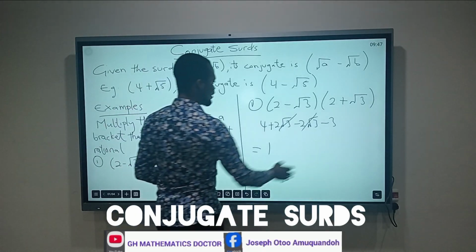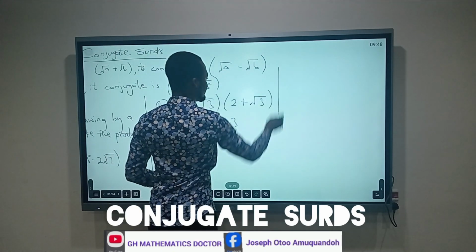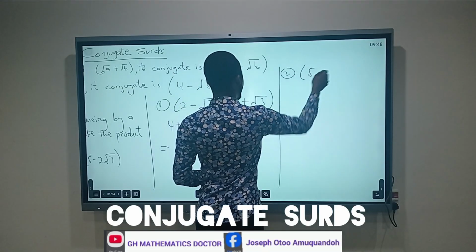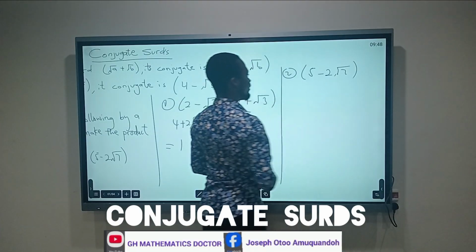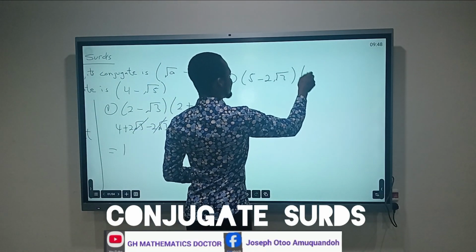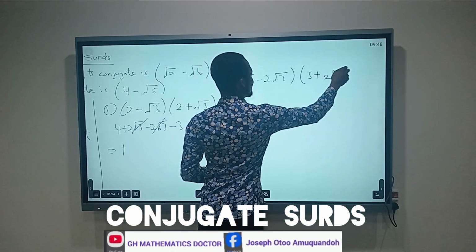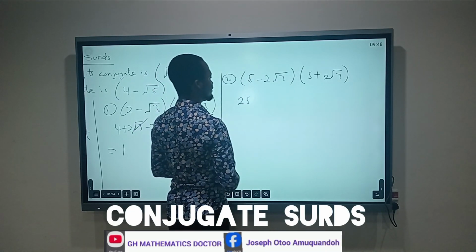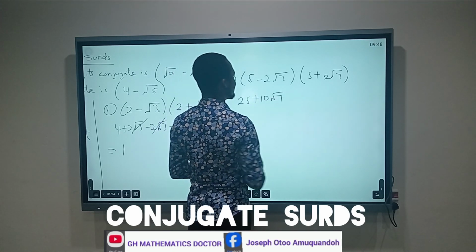We need to also work out the next one. The question is 5 minus 2 root 7. We need to multiply by its conjugate, so times 5 plus 2 root 7. Then we expand the bracket. 5 times 5 is 25. 5 times 2 root 7 will give you positive 10 root 7.